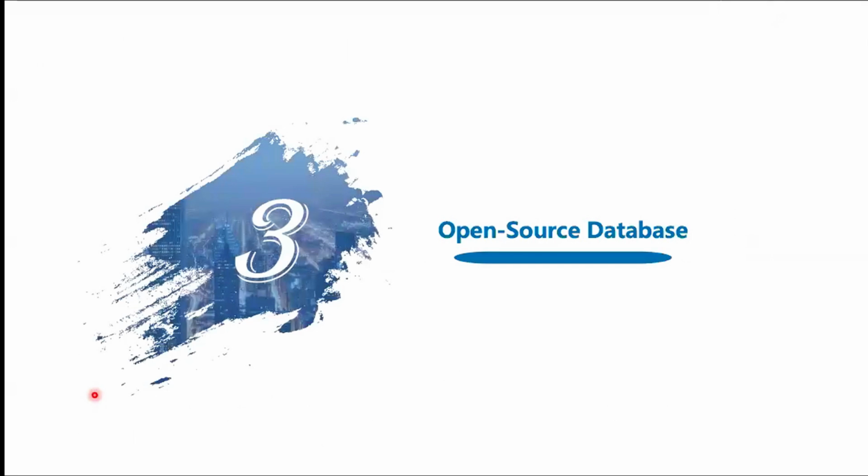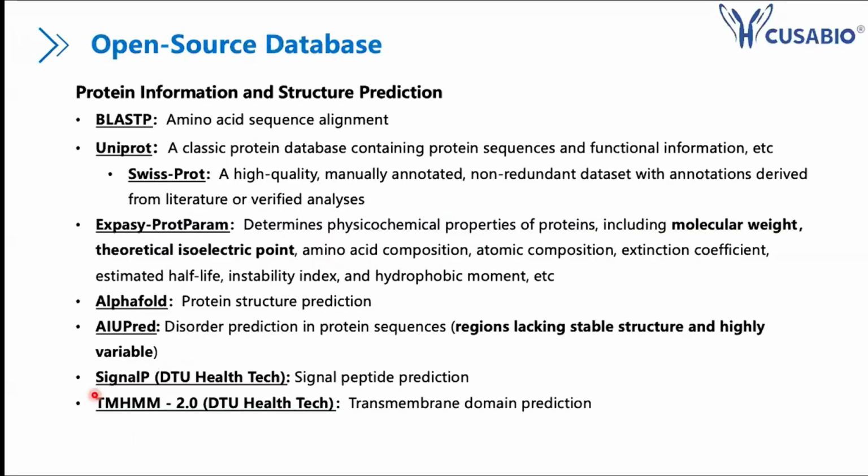After part 2, let's go to part 3, the databases. Usually, I think databases are very strong tools before you start the project. I totally agree that before you start a new project, you need to spend a lot of time to prepare.